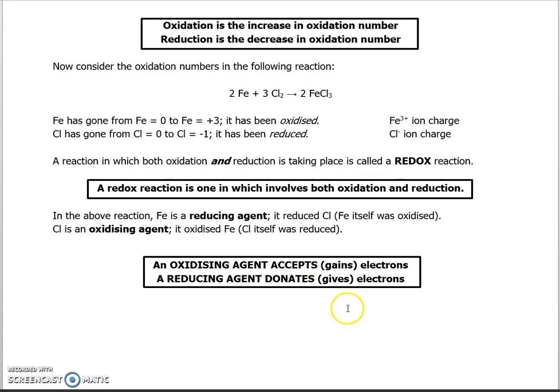So what we can say here is that metals are always reducing agents, because when metals react, they always lose electrons. That's metals starting off in oxidation number 0, as an element.